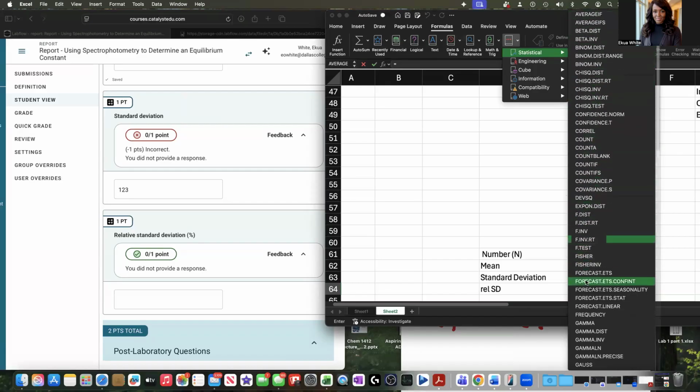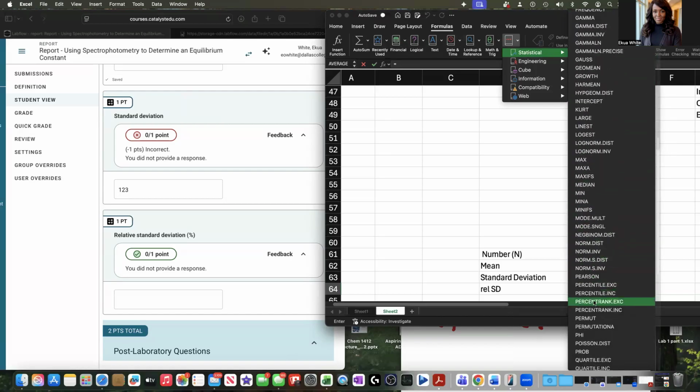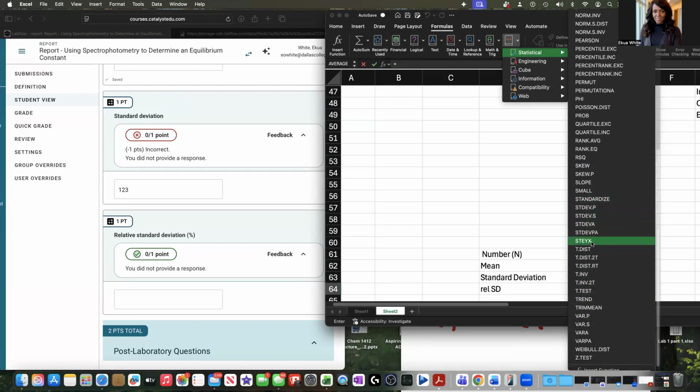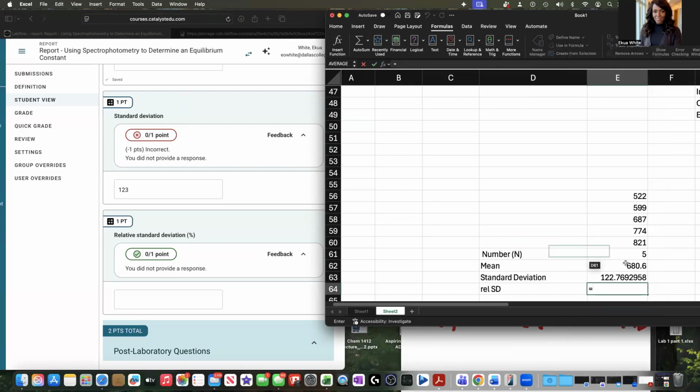We got that one. There's gamma. Oh my goodness. I need to learn all these things. Standard deviation. Okay, we did standard deviation. What about relative standard deviation? I don't know how to do the relative one. Not from here. Yeah, I did that one here. Okay, give me a moment.